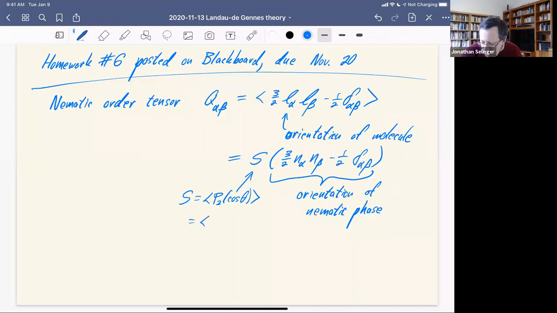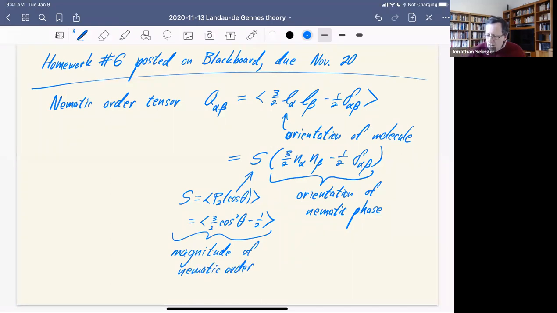That is, the average of 3/2 cosine squared theta minus a half. And this represents the quality of nematic order, the magnitude of nematic order. And so it would distinguish whether we're in a nematic phase or an isotropic phase.